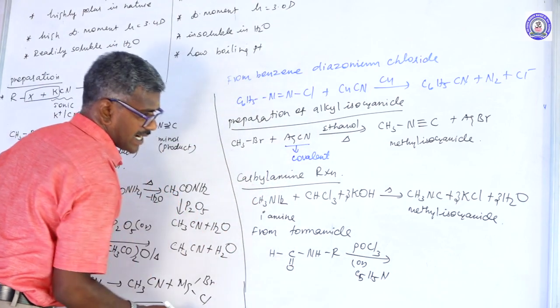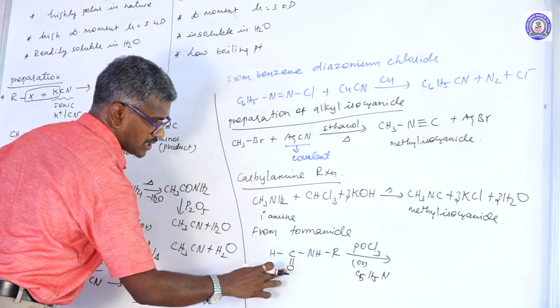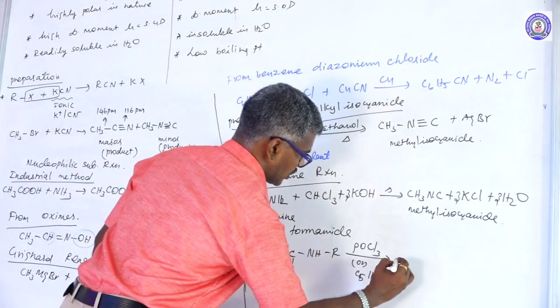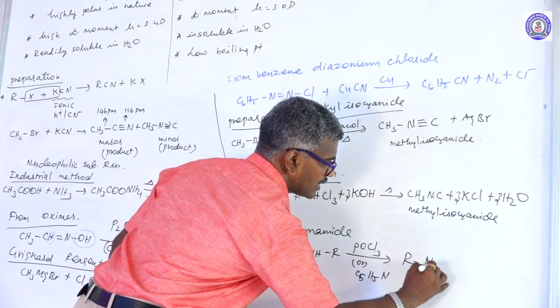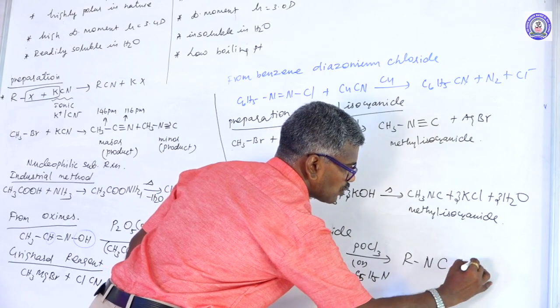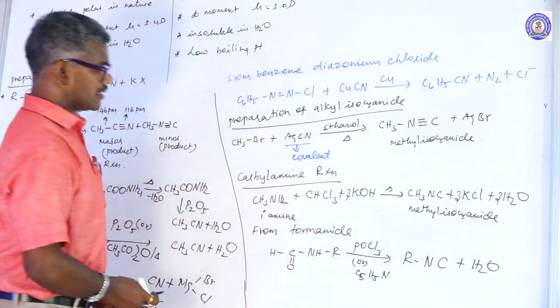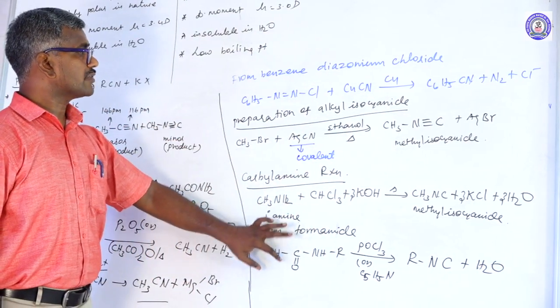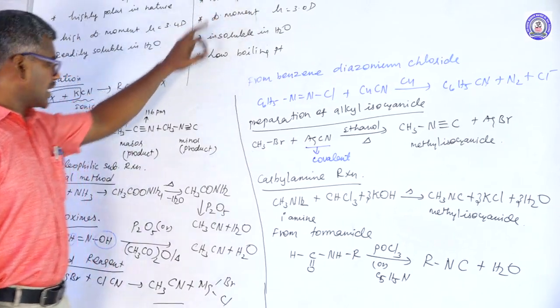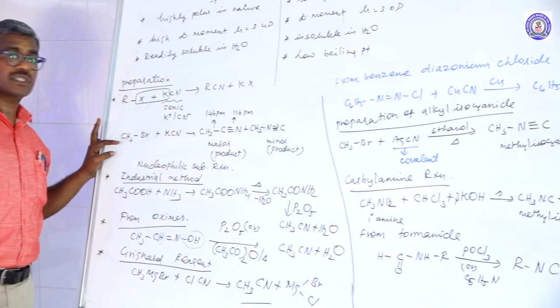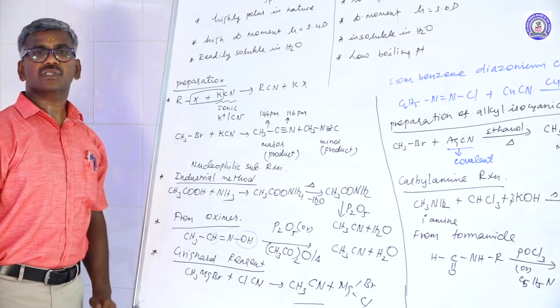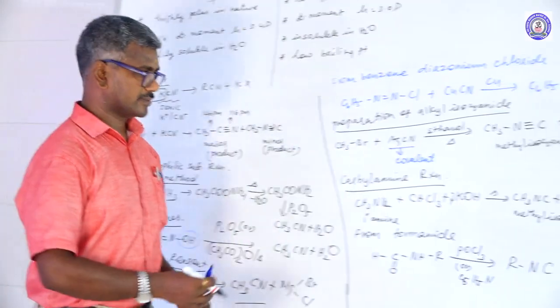What is the use of this catalyst? Removal of water. Here hydrogen, oxygen, hydrogen are removed to form NC plus water. These are the methods for preparation of alkyl isocyanide. These are the methods for preparation of alkyl cyanide. Next, chemical properties.